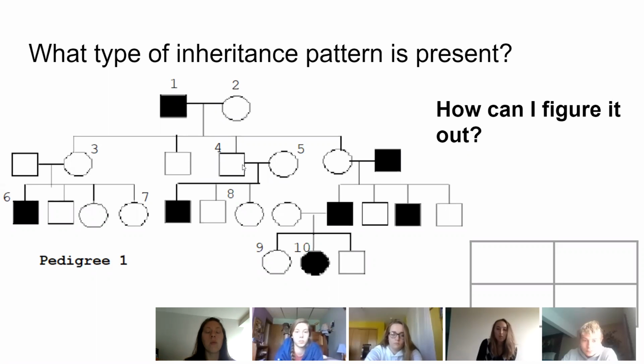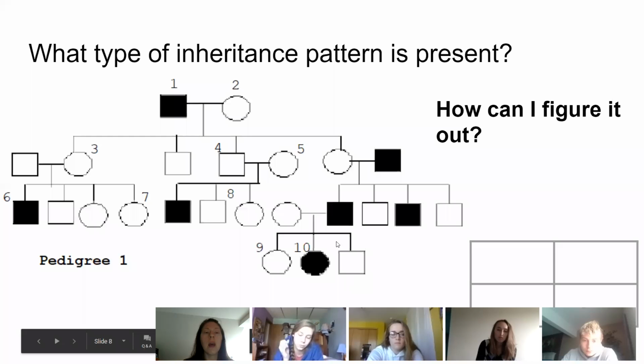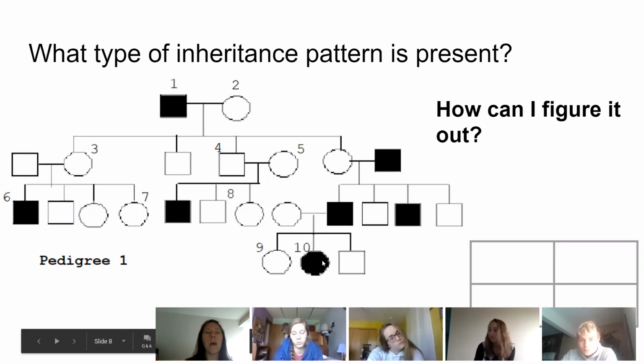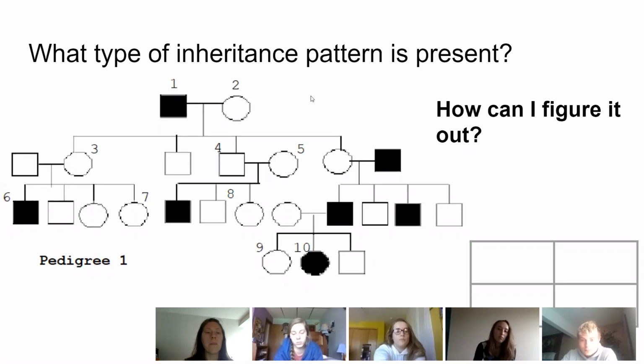So I'll be honest, this one's a little harder to figure out without information about the gene that they're tracing. For instance, my gut reaction that this might be sex-linked is the fact that there are so many males that have it and only one female. That takes my gut to sex-linked, because that's pretty common with a sex-linked trait.